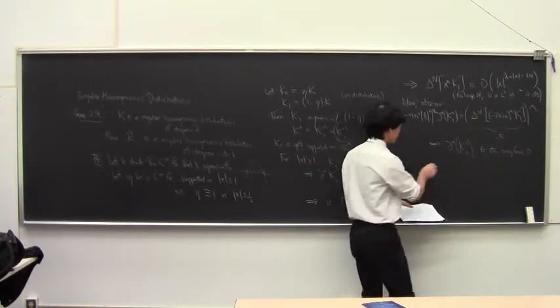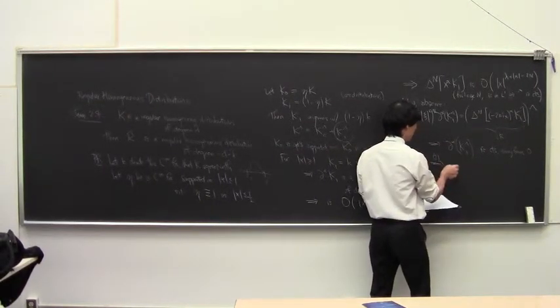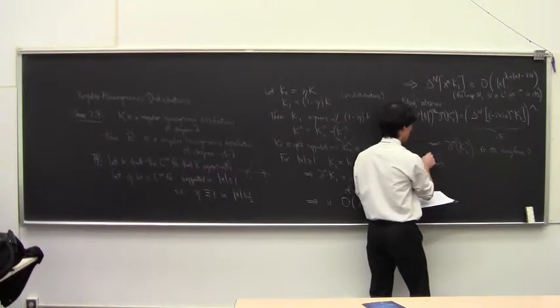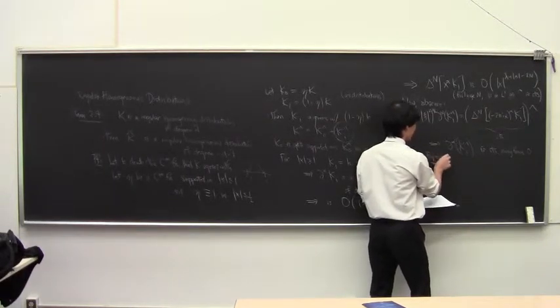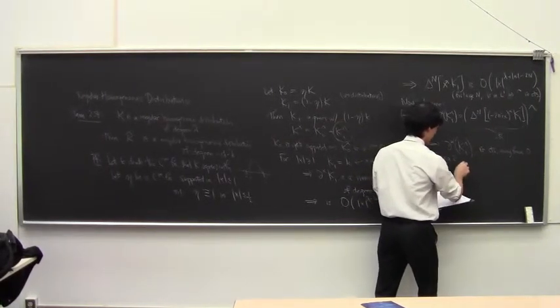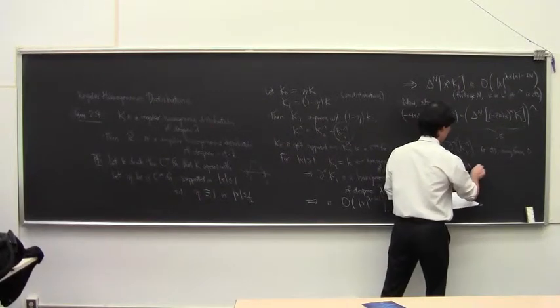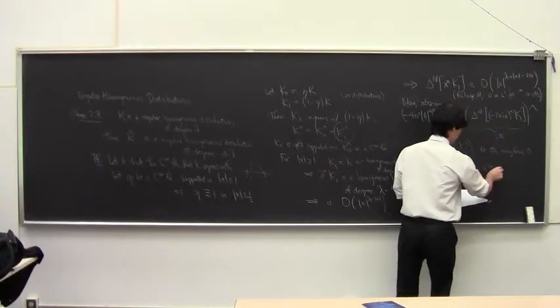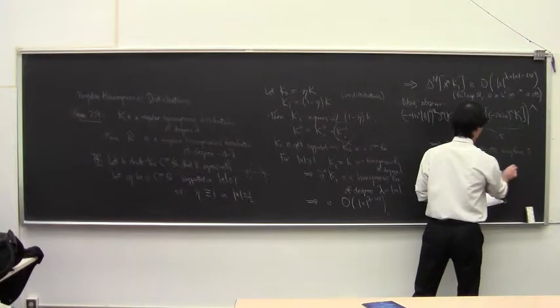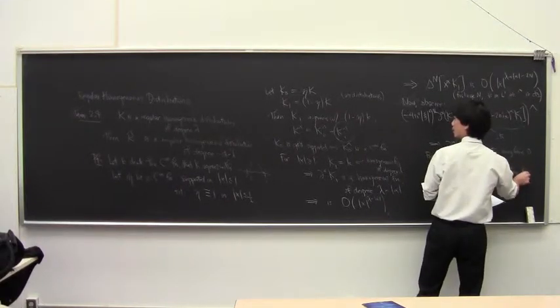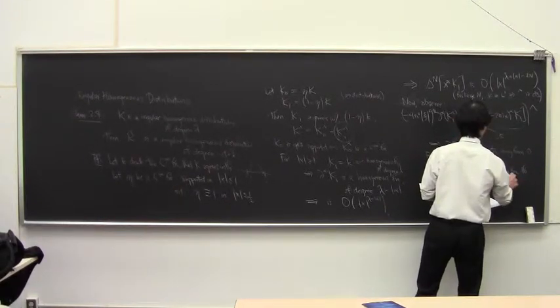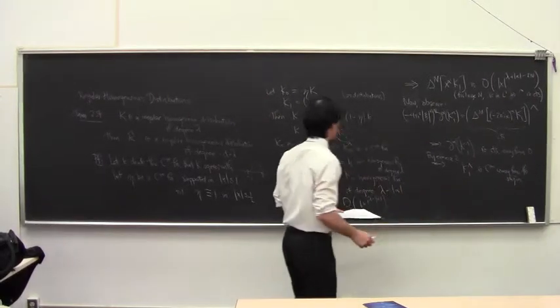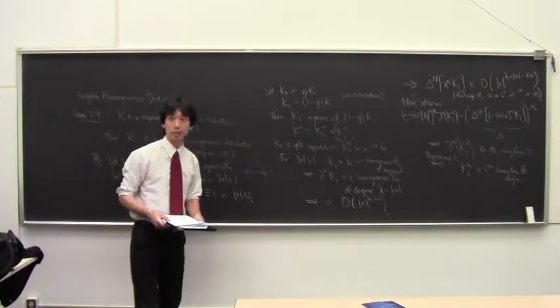And then there is an exercise in the text, my exercise 2. This implies that k1 hat is C infinity away from the origin, which is what we wanted.